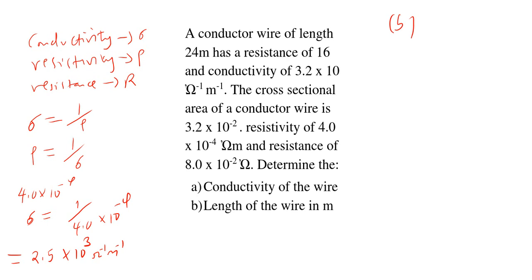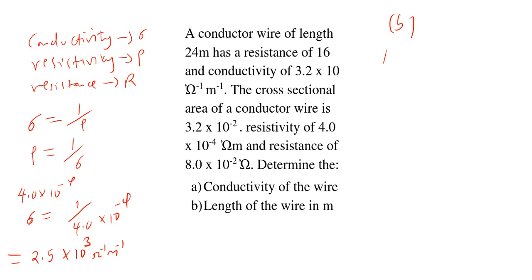Part B is asking us for the length of the wire, and we are going to utilize the relationship, which is, the question is talking of area, cross-sectional area. It has also the resistance, and we have the resistivity.